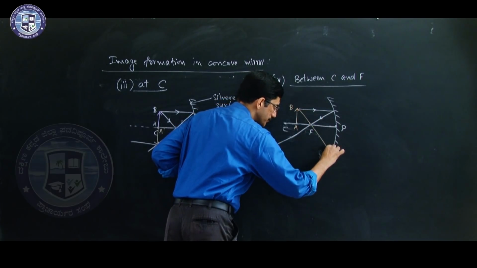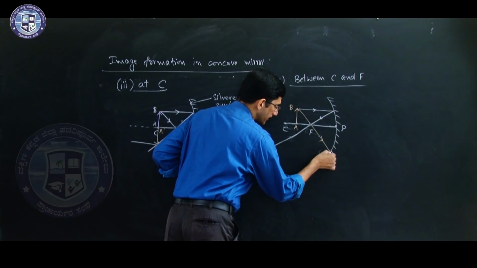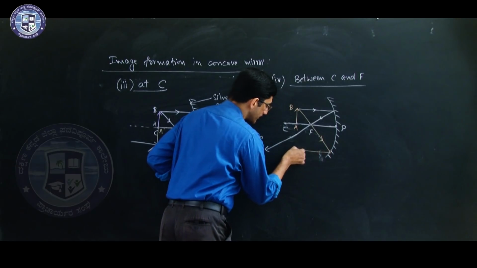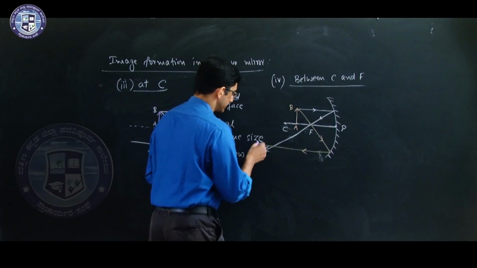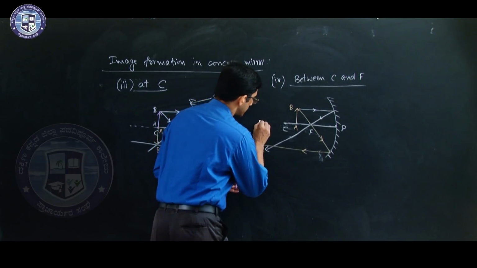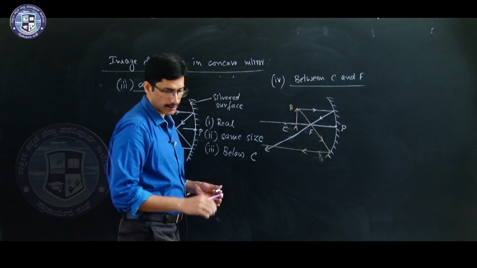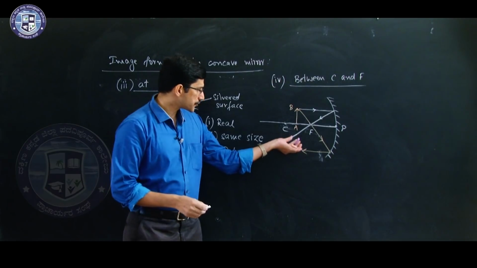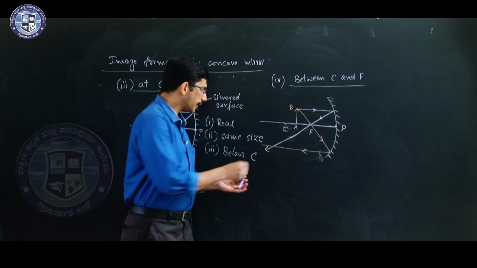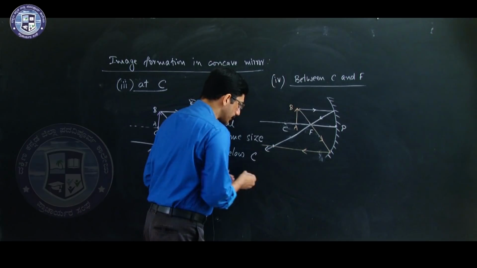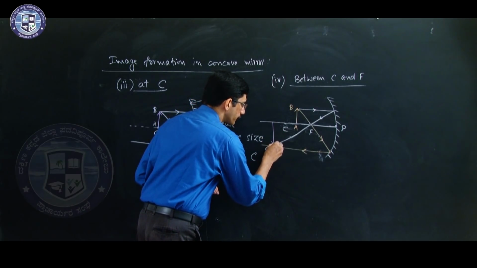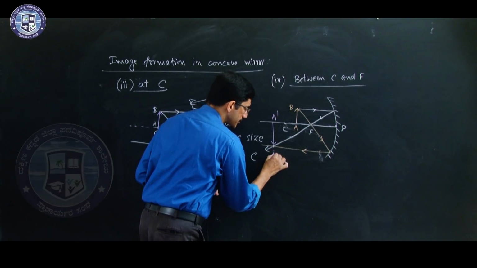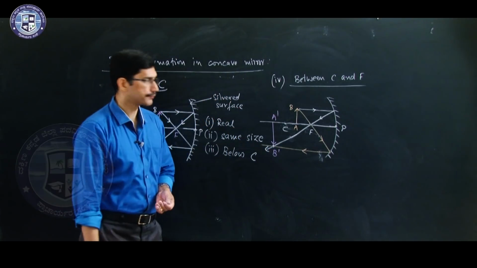The ray which passes through the focus becomes parallel to the principal axis. So, this is the principal axis. Now, these two reflected rays meet at this point, forming the image of the object, A dash B dash.